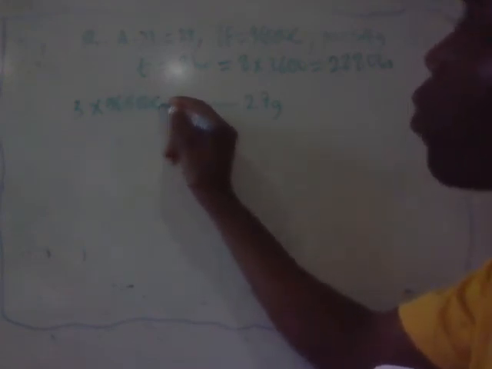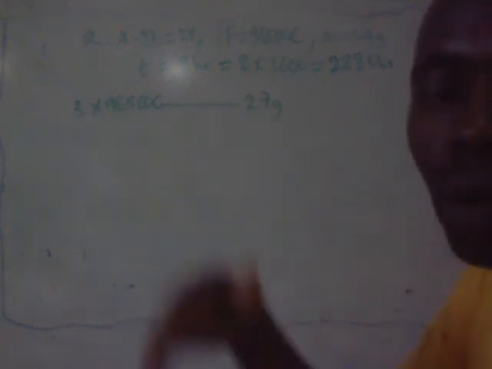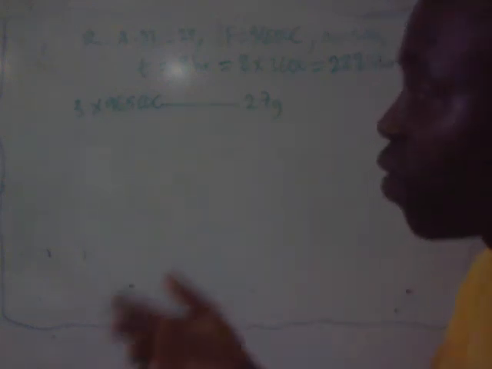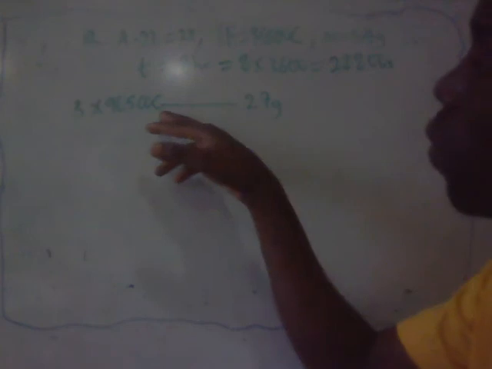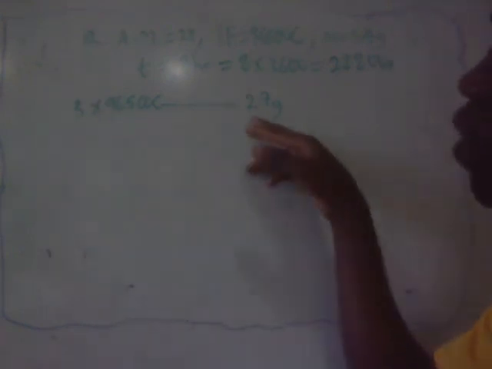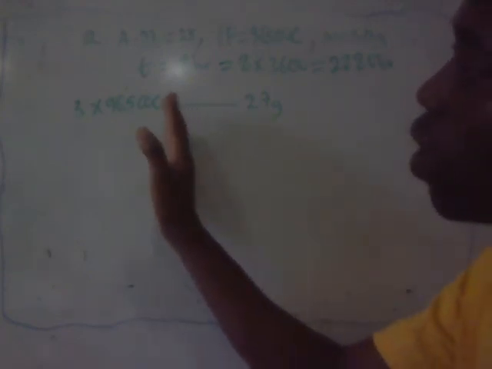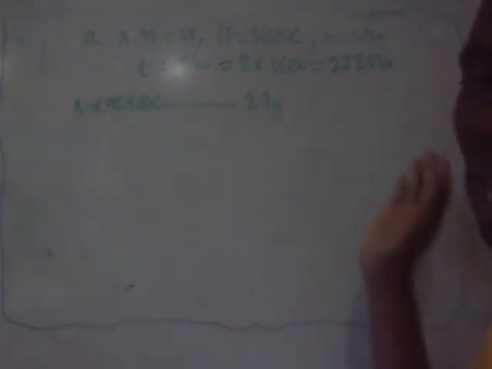Coulombs is the unit of quantity of electricity, Q. So this quantity of electricity deposited 27 grams of aluminium. This side is for coulombs, this side is for grams.